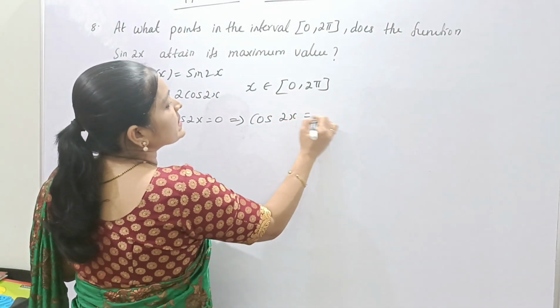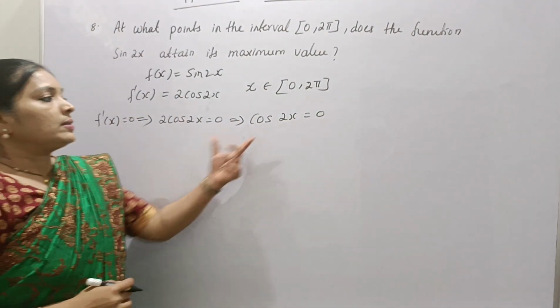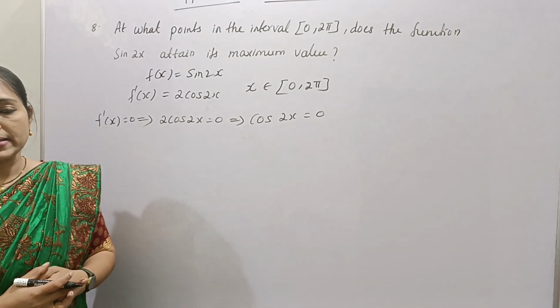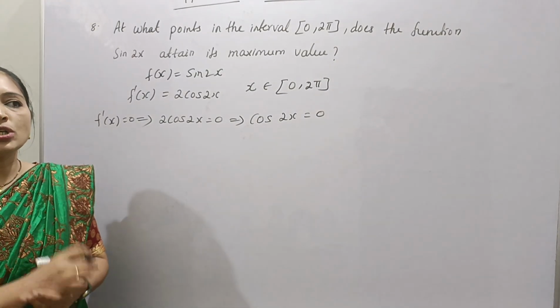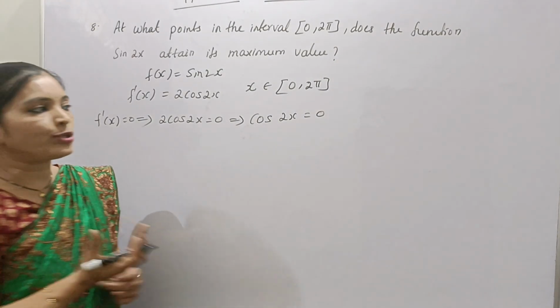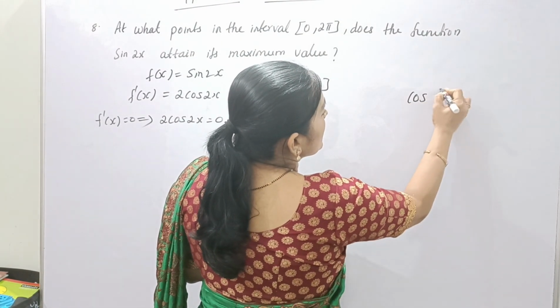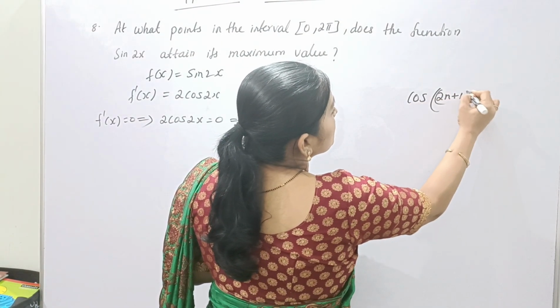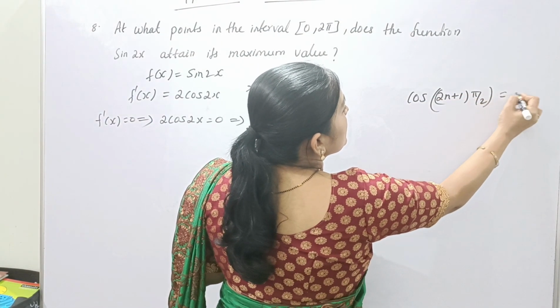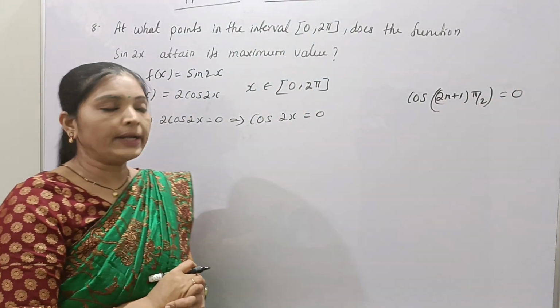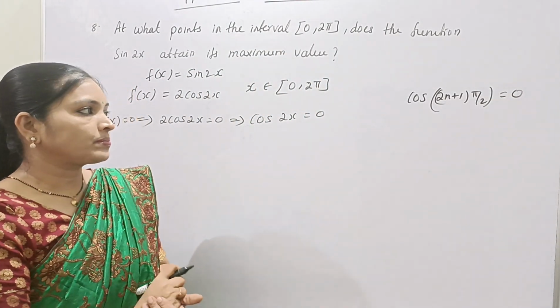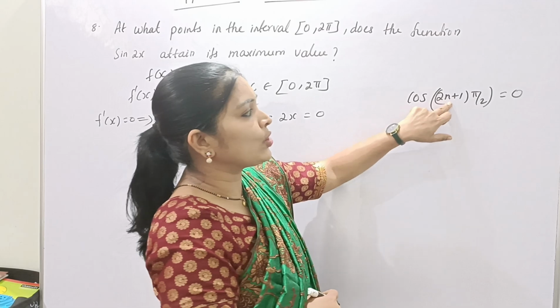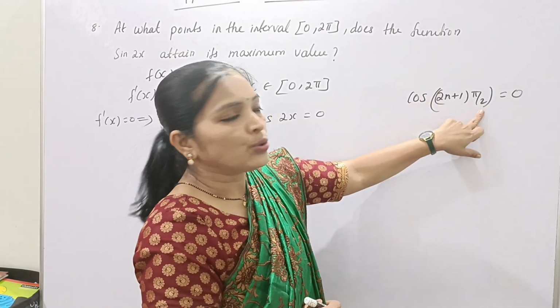See, when cos is 0, what are the values of 2x? Here we know that cos of (2n plus 1) pi by 2 is 0, right? So when n is equal to 0, cos pi by 2 is 0.